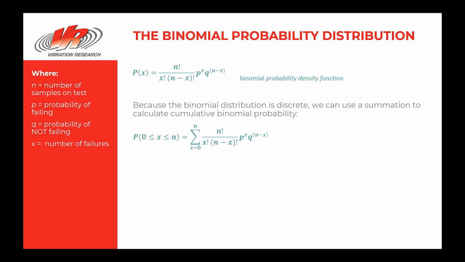The binomial probability is appropriate when the following conditions are satisfied. First of all, we have to have a fixed sample size, which in our testing situations we do. Our samples are independent, which is also true. There are only two outcomes, splitting our world into either failure or not failure. So we don't have partial failures. It's either failed or it didn't.